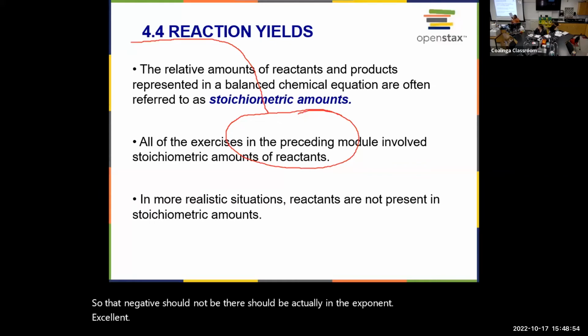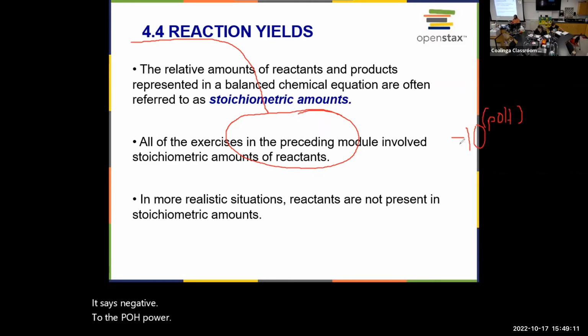If you take a look at the sheet here, it says up top 10 to the pOH power. That's not right. It should say 10 to the negative pH or pOH. And then the same thing with the pH as well. There are 2 typos.